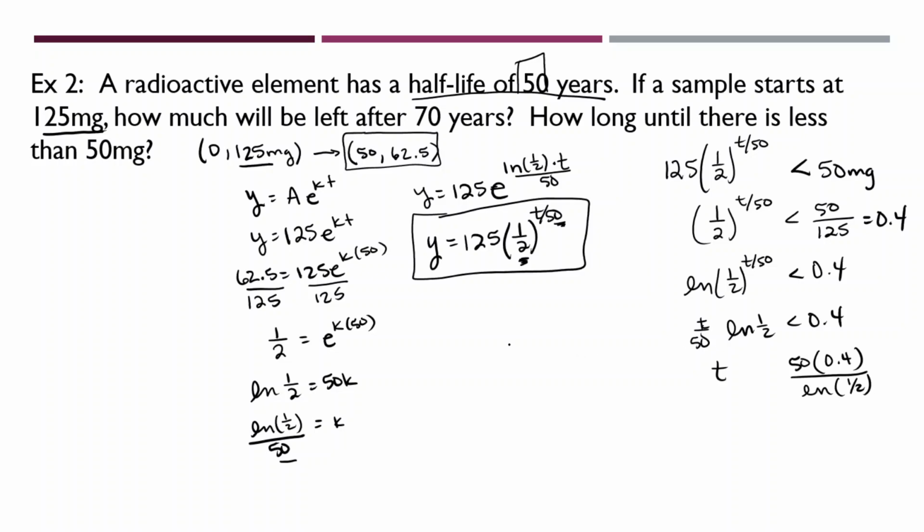Now, natural log of a half is less than 0, so this does flip the inequality because it's going to take at least that much time for this to happen. And so then we just go to our calculator. So 50 times 0.4 divided by the natural log of a half is negative. Whoops, I have an incorrect value. Hold on.